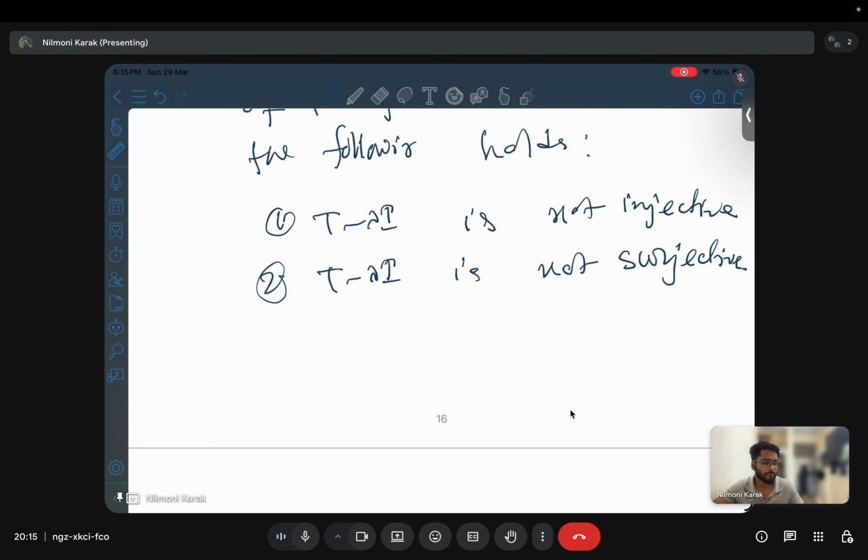So basically, T minus lambda I is not invertible.